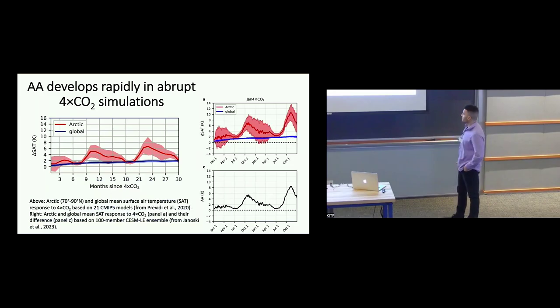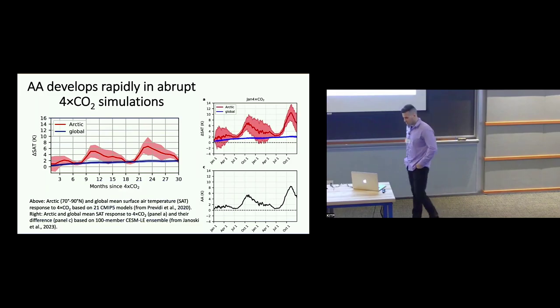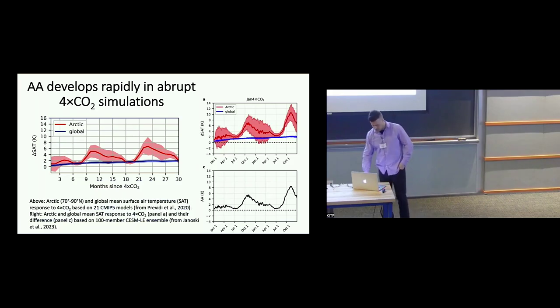So this is another way of showing something that others have shown in different ways, that you can get AA without sea ice loss. Granted, this is a relatively weak amount of warming on these very short time scales, but nonetheless, that warming is amplified over the Arctic region.